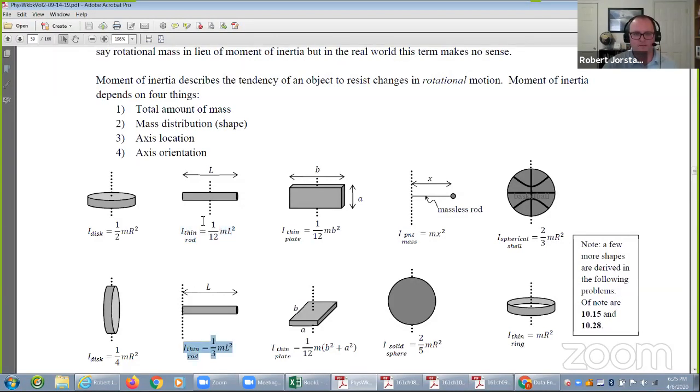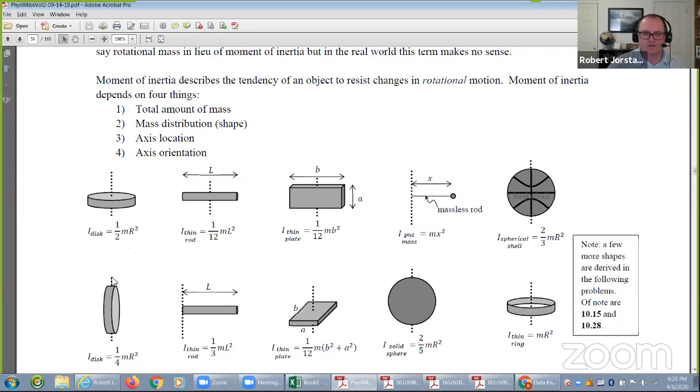If you rotate with an axis through the center, it's going to have one value of 1/12 mass times the length squared. If you rotate it about the end, look, there's a different answer. So we see that how the mass is distributed matters. And tied in with that is both the axis location and the orientation. Take a look at this one. If you run an axis through the center of the disk, but it's perpendicular to the disk, you get a 1/2.